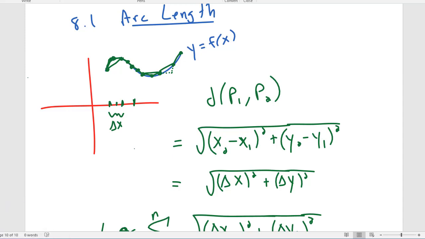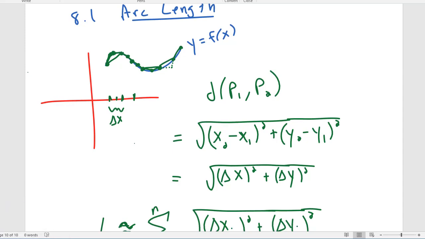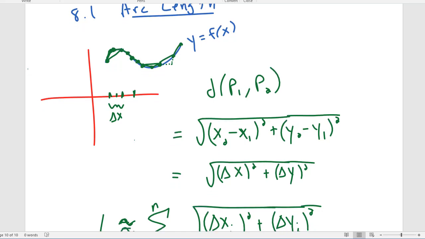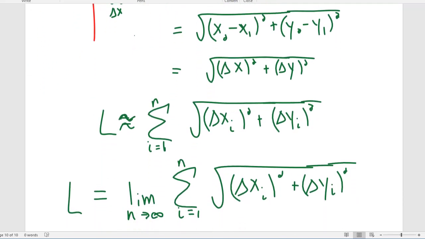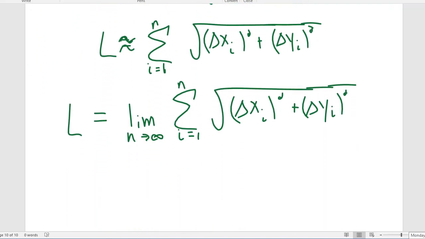So as n goes to infinity, my delta x gets smaller and smaller and smaller and goes to 0. So what you will see sometimes in the symbolization, depending on the calculus book you look at, they might say delta x goes to 0. Either one, they both represent the same concept conceptually.